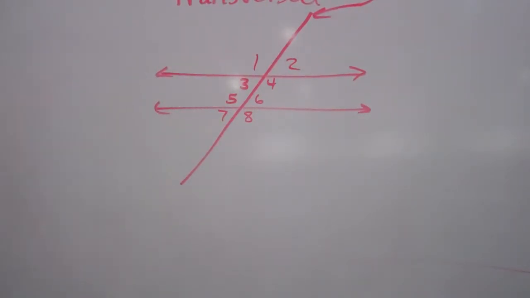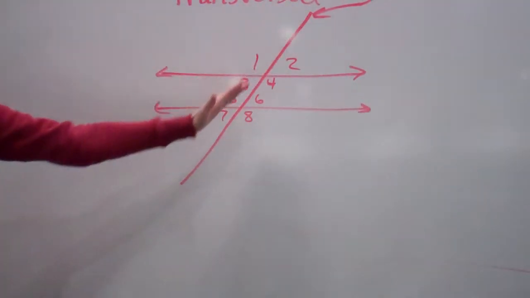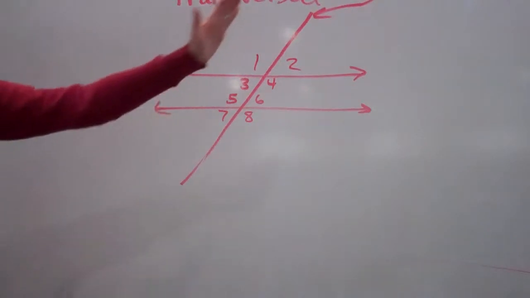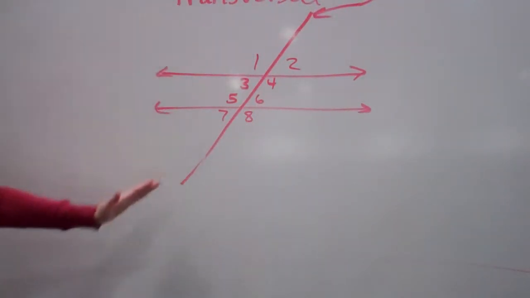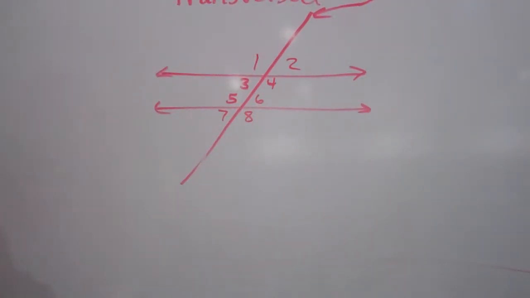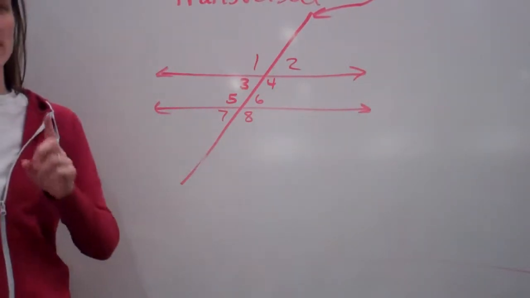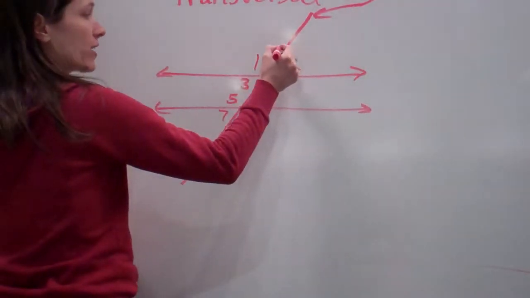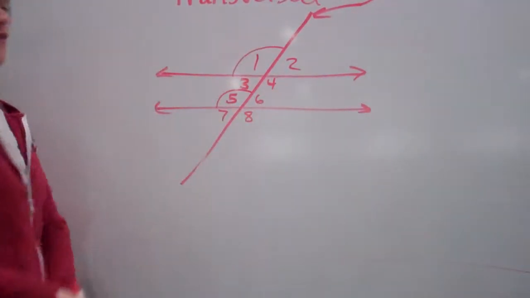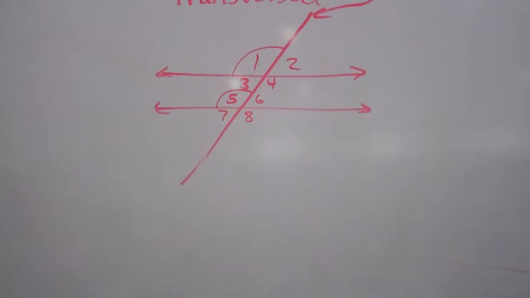Okay, now what I want you to see is that when I put a transversal on top of two parallel lines and it intersects them, we come up with corresponding angles. What I mean by corresponding, see if you can figure it out. Angle 1 and angle 5 correspond. What do I mean?